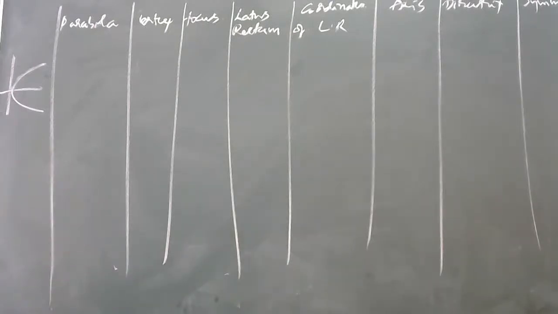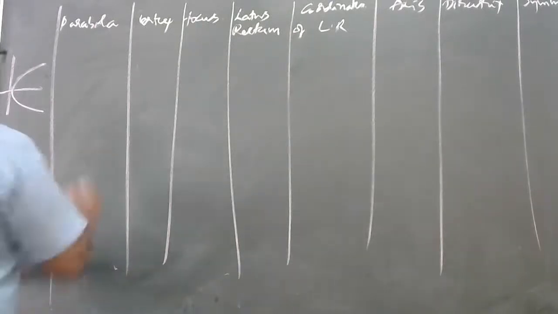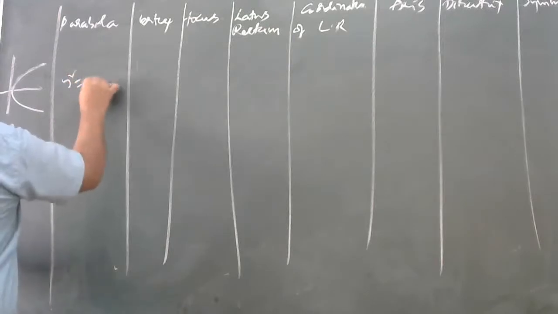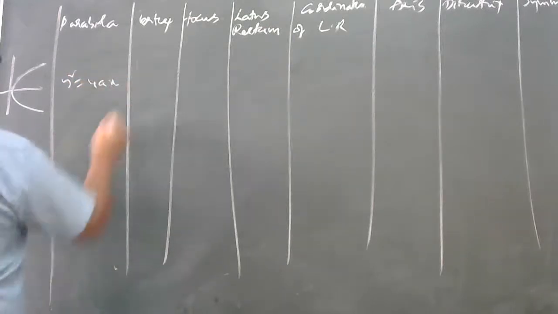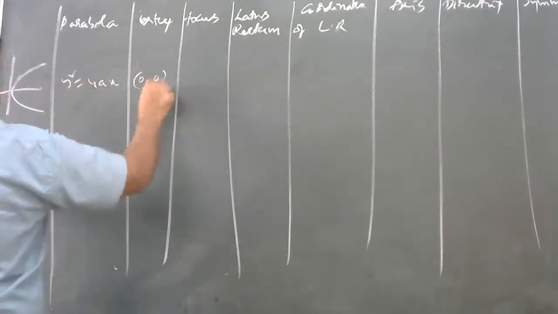Now, see here. The first parabola I have taken is y square equals 4x, the right parabola. Vertex is always 0, 0 only; it will not change.